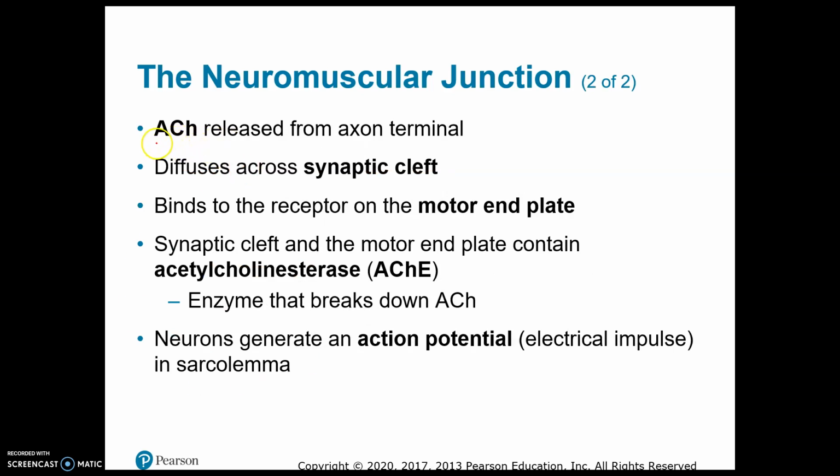At the neuromuscular junction, acetylcholine is released from the axon terminal. It diffuses across the synaptic cleft or gap between the axon terminal and the motor end plate. It binds to a receptor on the motor end plate. And that allows for the action potential, the electrical impulse, to be generated in the sarcolemma of the muscle fiber, and that will trigger the muscle to contract.